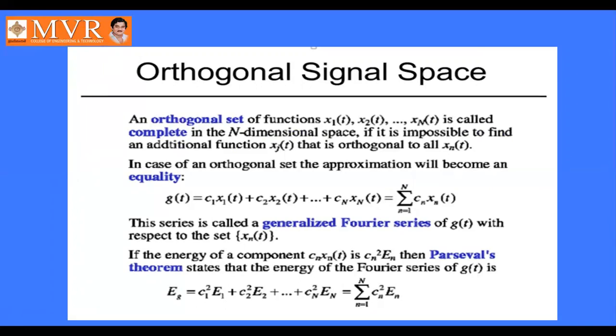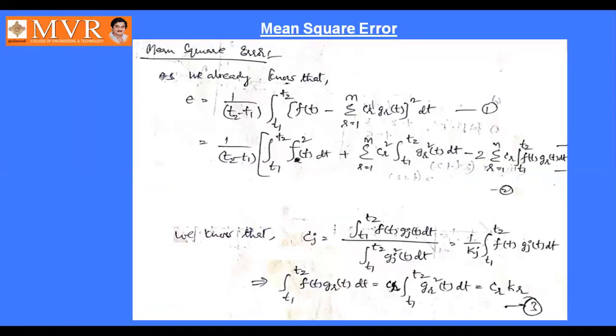If the energy of the component cn xn(t) is cn square into en, then Parseval's theorem states that the energy of the Fourier series of g(t) is Eg equal to c1 square e1 plus c2 square e2 plus dash dash dash plus cn square en, that is equal to sigma n is 1 to n cn square en.